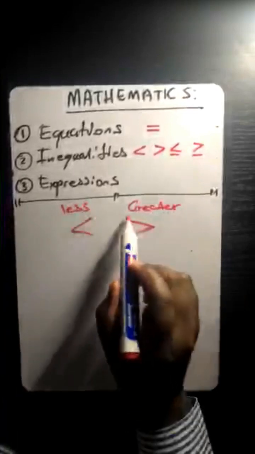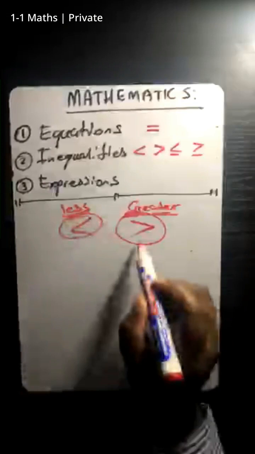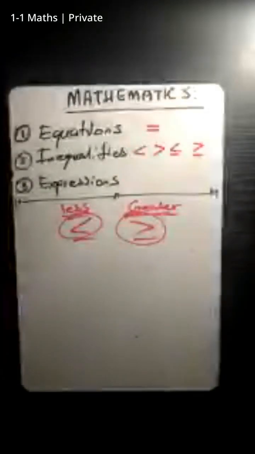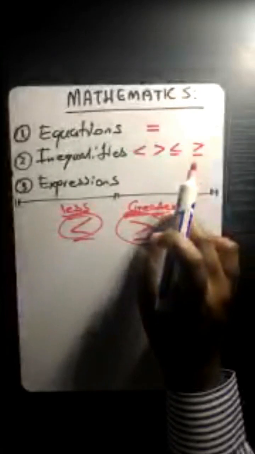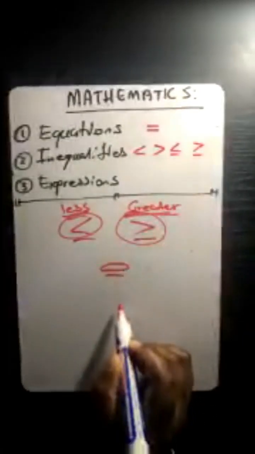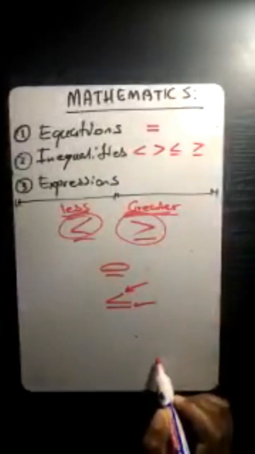So that's what makes this one greater than, and this one less than. If you add that, then it becomes equals to. So from that equal sign, remove this top part and you have the inequality sign. That's why we say greater or equals to, it's equals to from that equal sign.